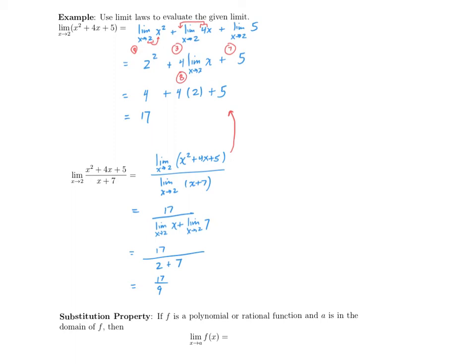And to wrap up this example, I would like to make an observation. If we go back to our starting point, this first limit, we're taking the limit of the function x squared plus 4x plus 5. So note, f of x is a function x squared plus 4x plus 5. And just for fun, if I was to evaluate this function at 2, you would get 4 plus 8 plus 5, which is 17.